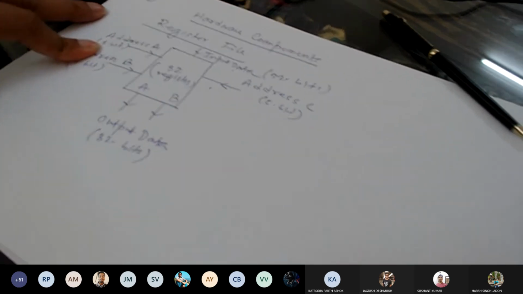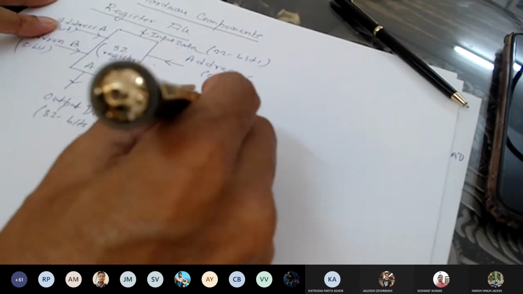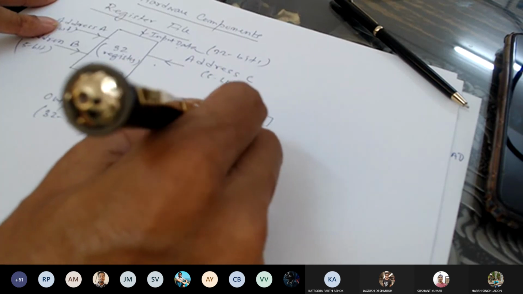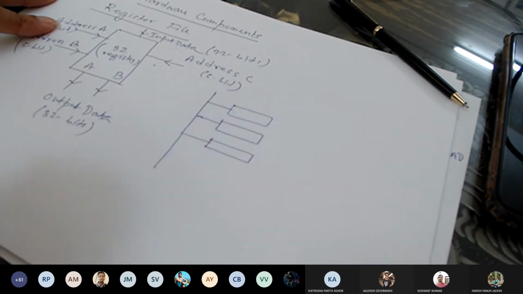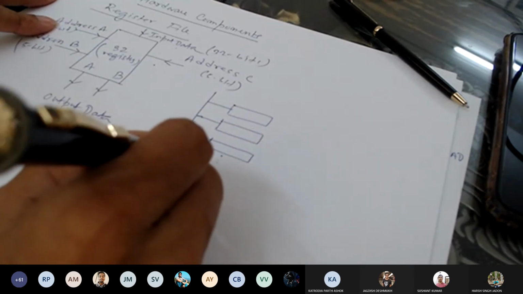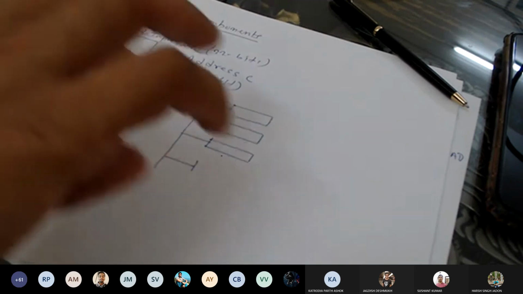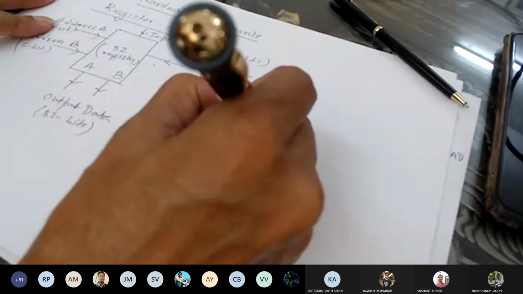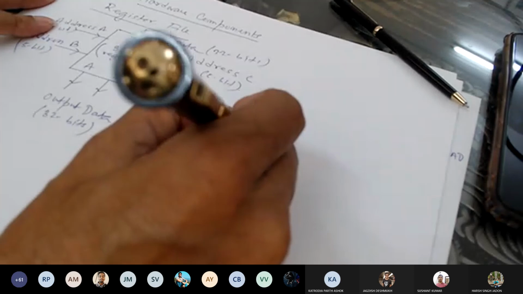Let me give you a clue that I have 32 registers. They are organized like this. So this is R1, this is R32.